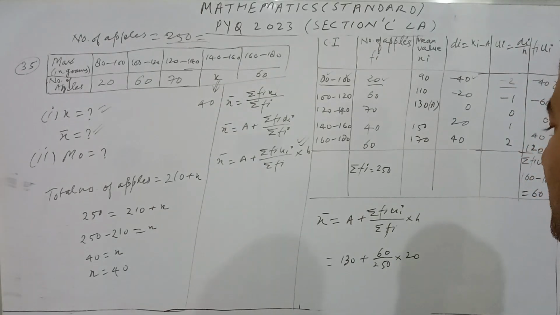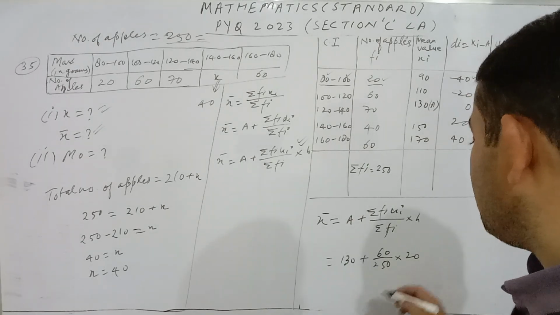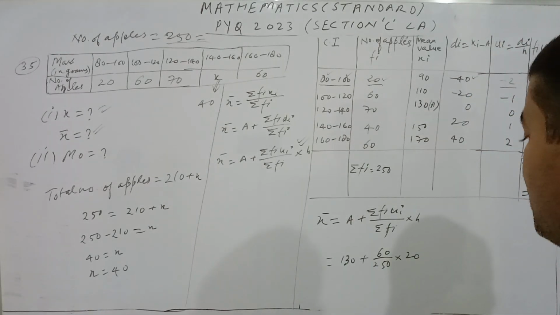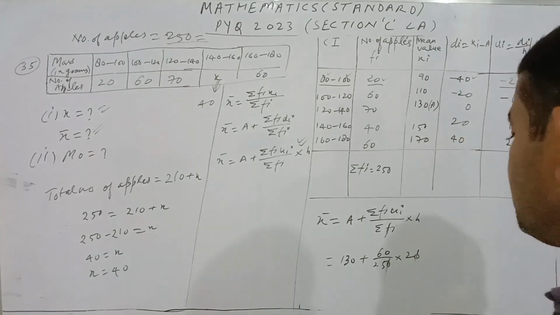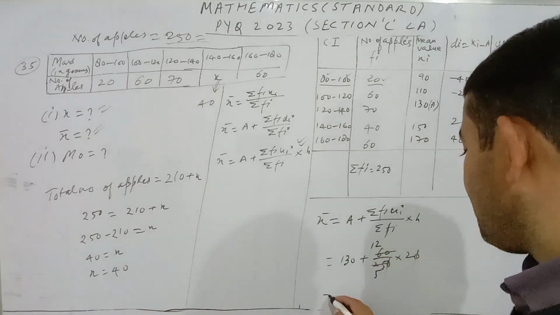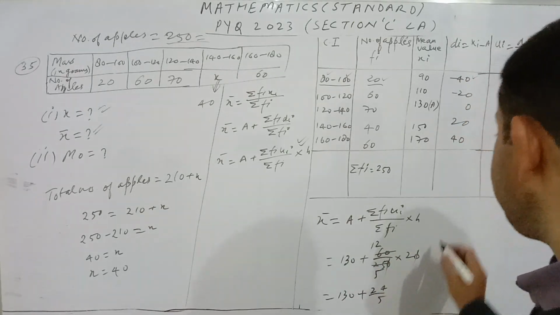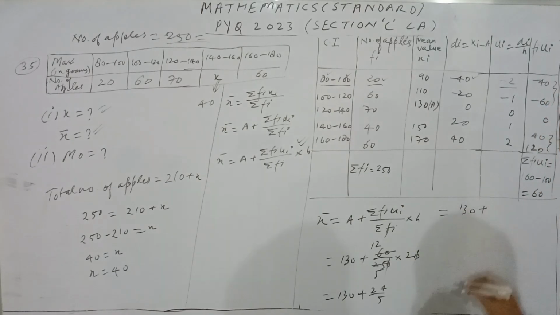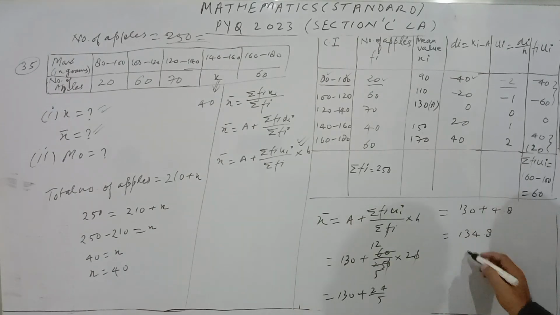Okay. So we will cancel it out. How will we cancel it out? 0 and 0 will be cancelled out, and 5 5s are 25, 5 12s are 60, so it will be 130 plus 12 by 5, it will become 130 plus 24 divided by 5, which is 4.8, so it will be 134.8. So this will be the mean weight of the apples.